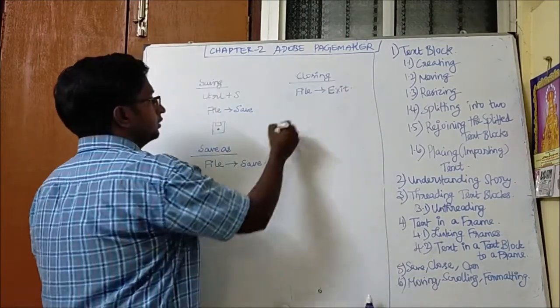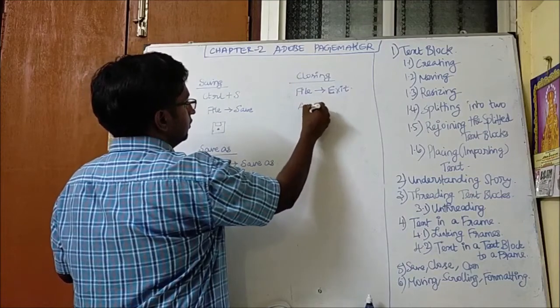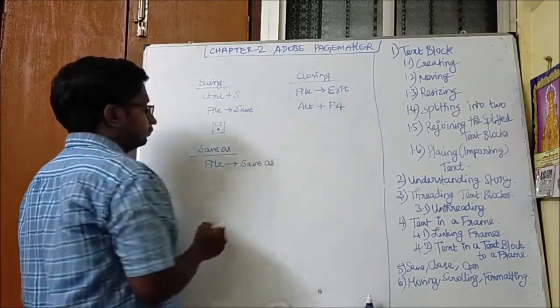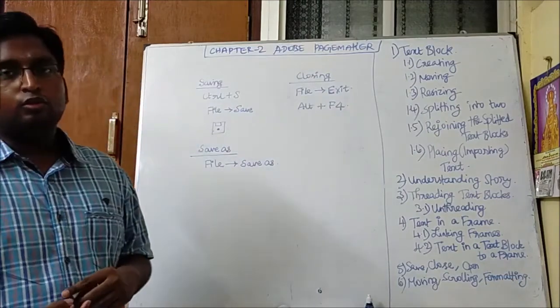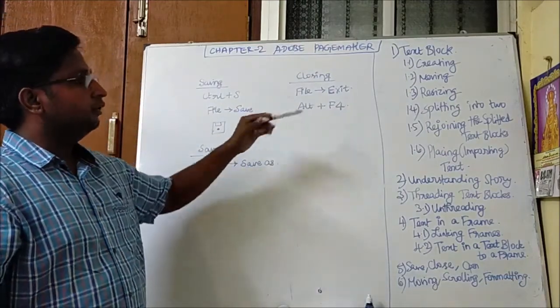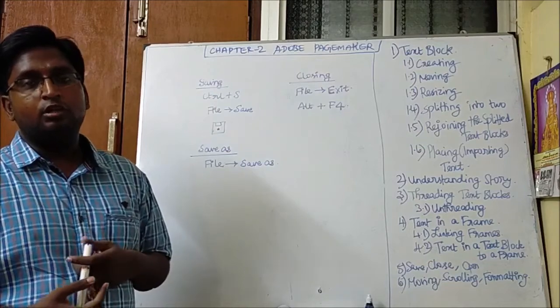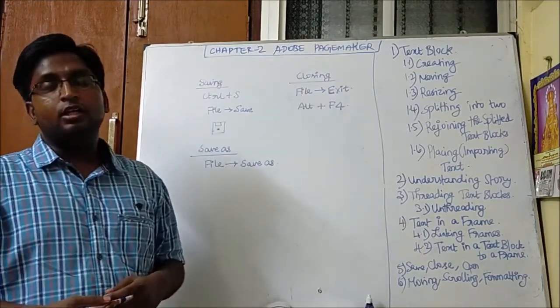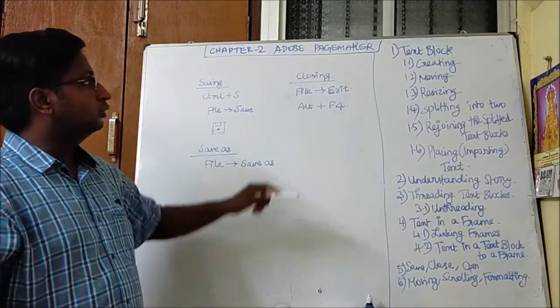Exit, or you can press Alt F4. So to close the current window, we use the shortcut key Alt plus F4. You can also use File, Exit to close the document.